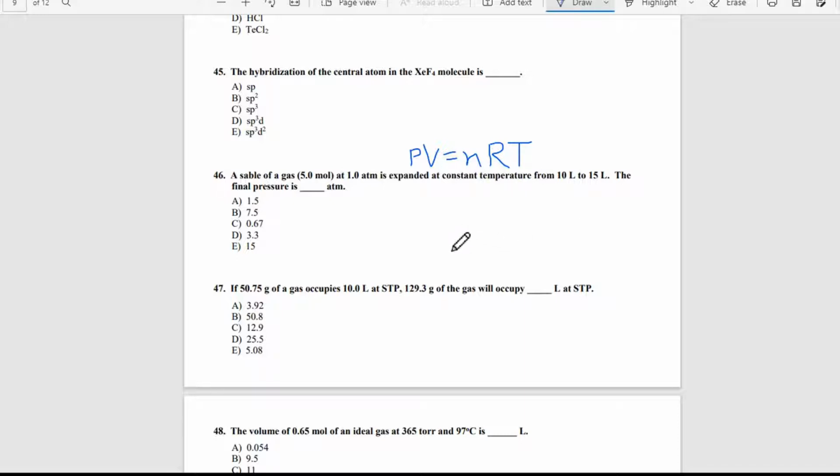If you have 2 sets of conditions, then you'll use some part of the combined gas law. And I'm going to actually use a more, shall we say, extensive version of the combined gas law than you're used to seeing. It's basically P1 V1 over n1 T1, and that's equal to P2 V2 over n2 T2.